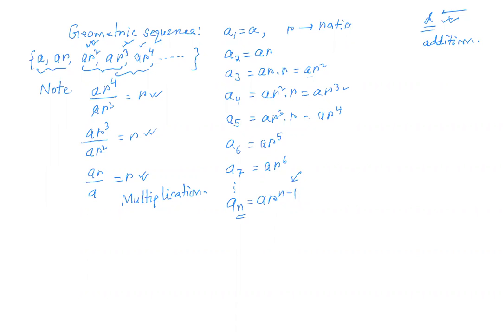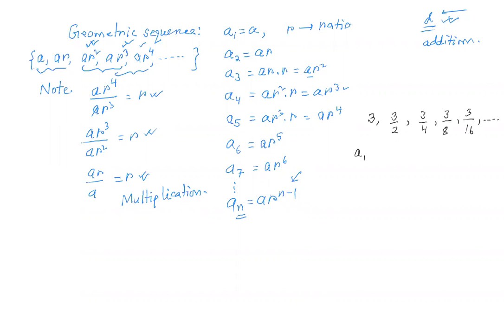And I'm going to go ahead and give some examples. So let's get a couple of examples. Let's say 3, 3 over 2, 3 over 4, 3 over 8, 3 over 16, and it keeps going. This is a geometric sequence. What is A, the first term?